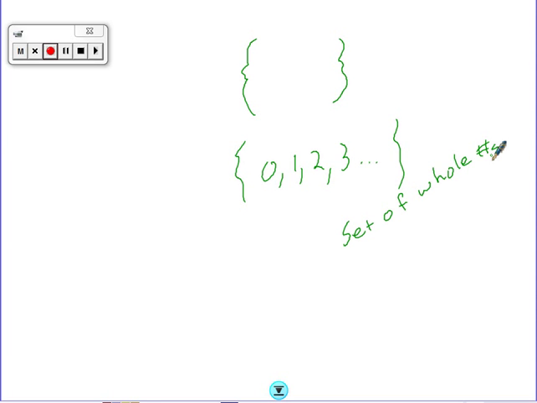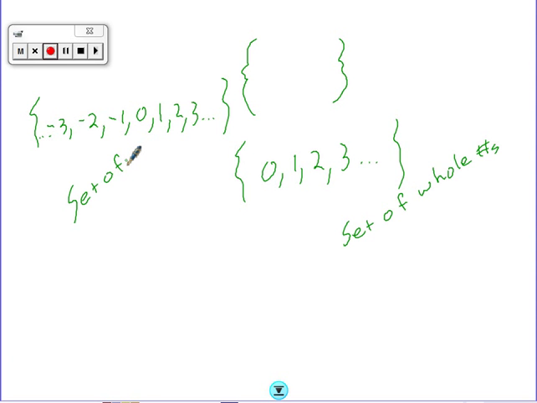If I did a different set here, this is the set of what? This new set I just made. Set of integers. It's just saying I'm representing the integers in that set. Okay, it's pretty cool. Pretty easy too.